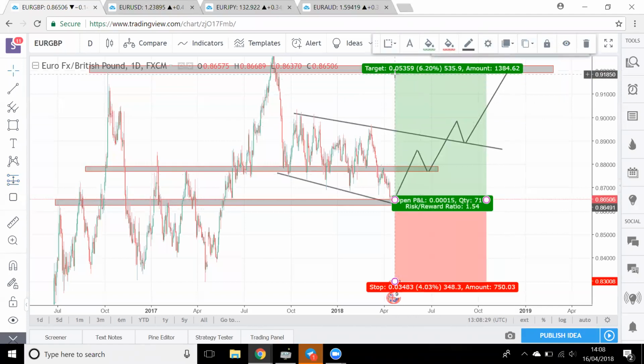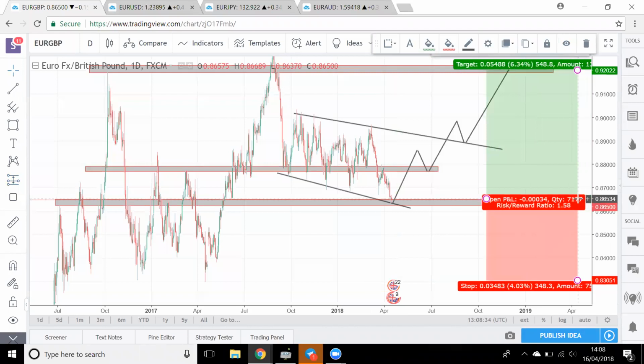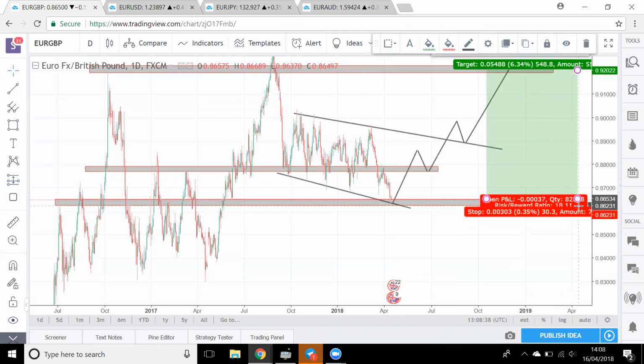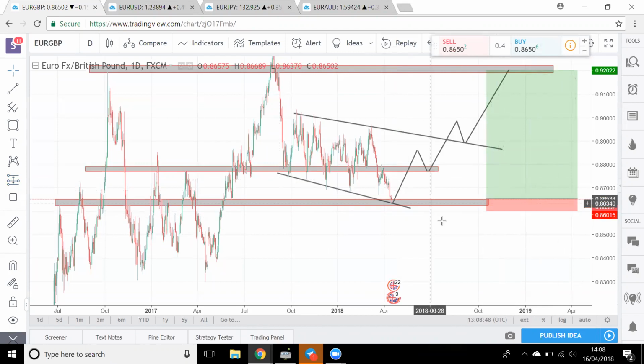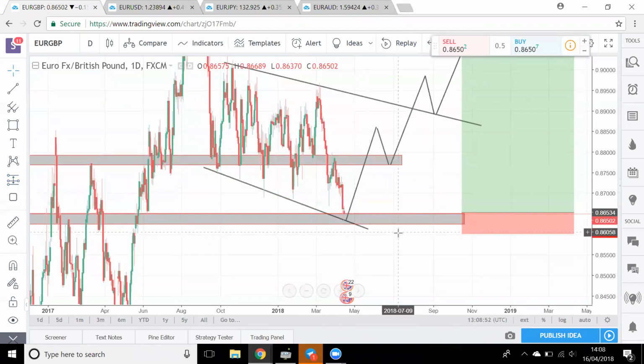We would look for 550 pips, and our stop loss would be 50 pips. A 50 pip-ish stop loss if we enter now.